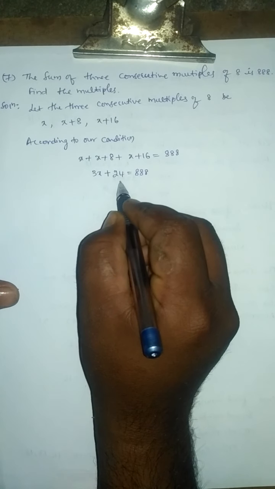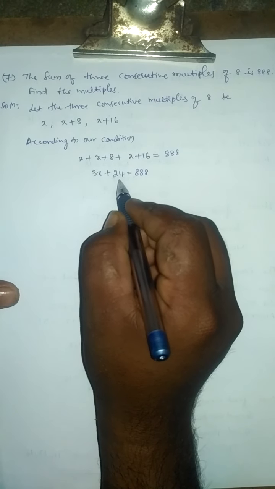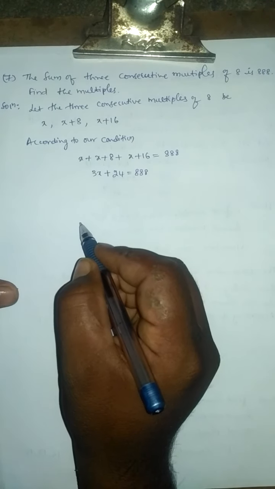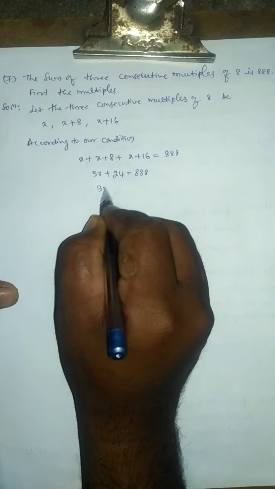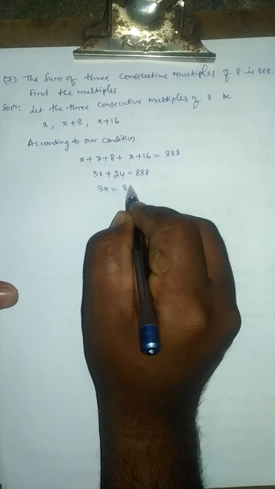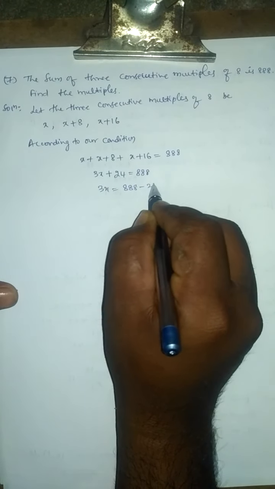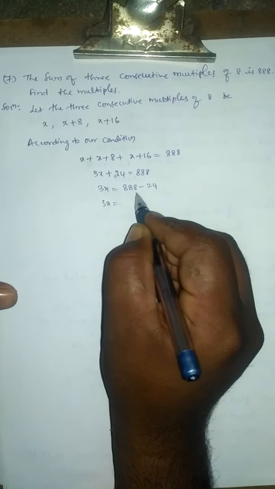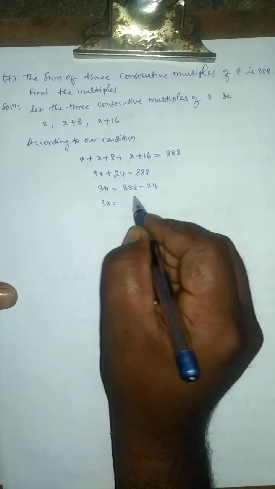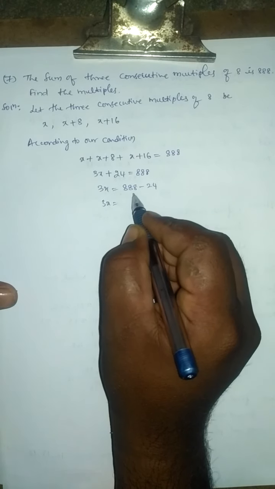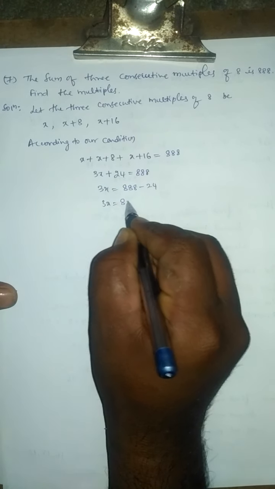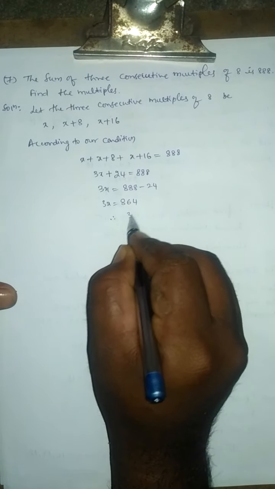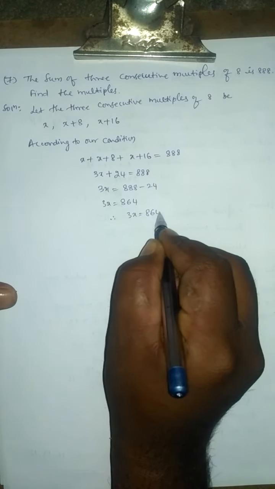So plus 24 is in the LHS. If you transpose plus 24 from LHS to RHS, it will become minus 24. So 3x is equal to 888 minus 24. If you subtract 24 from 888, it will become 864. Therefore, 3x is equal to 864.